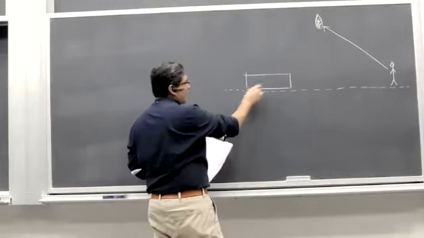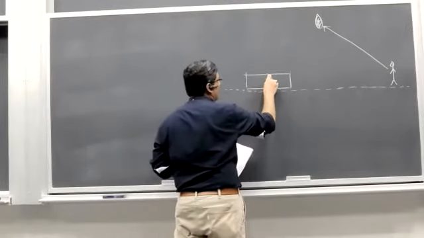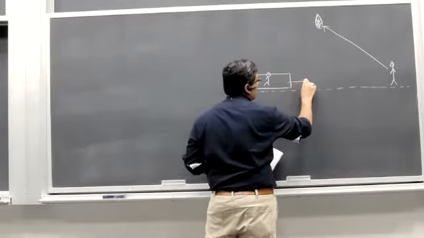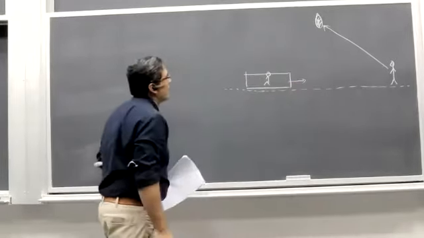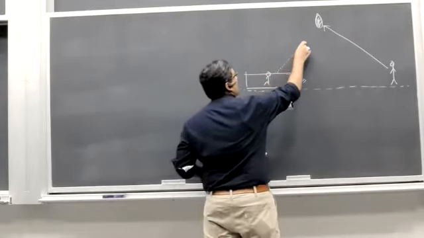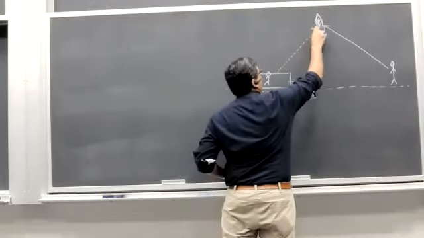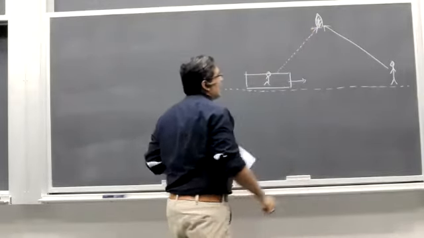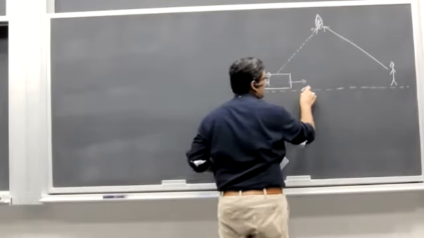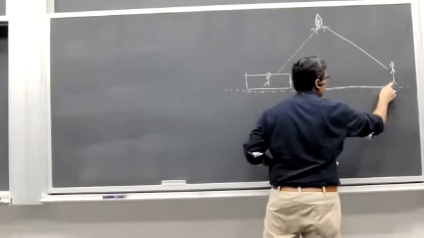And then we have a car, and we have an observer in this car, which is moving at a certain speed in the horizontal direction, right? And now we are measuring its speed from the car as well, all right? And then this observer is also measuring the speed of the car, all right?